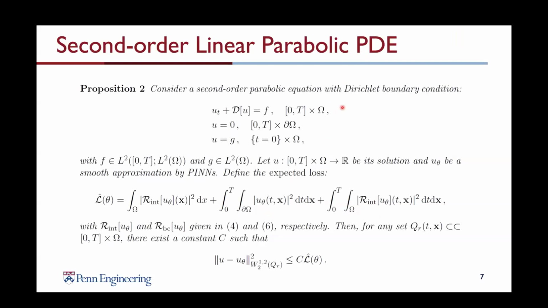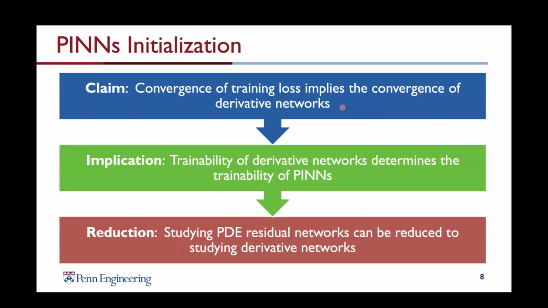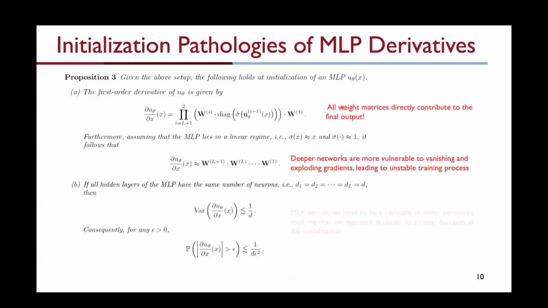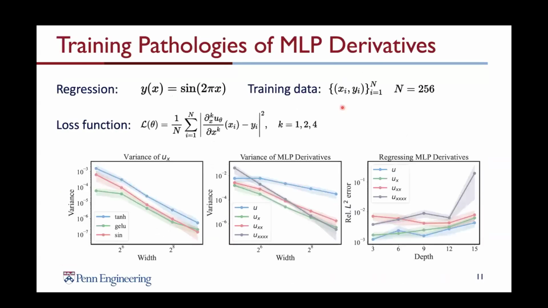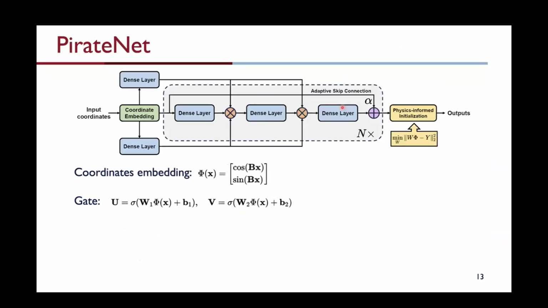I would like to ask about your embeddings. You also use random Fourier features, but this choice should be consistent with your boundary conditions. Otherwise, you already impose some bias there.